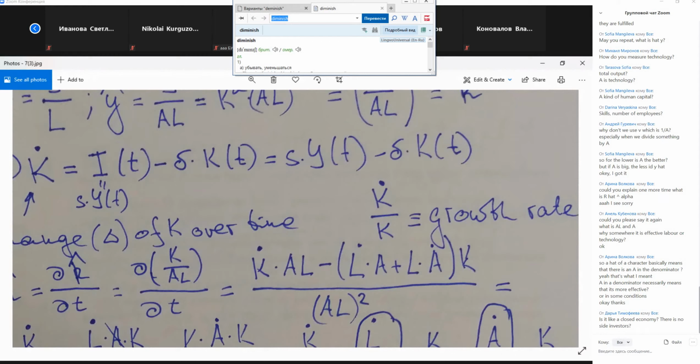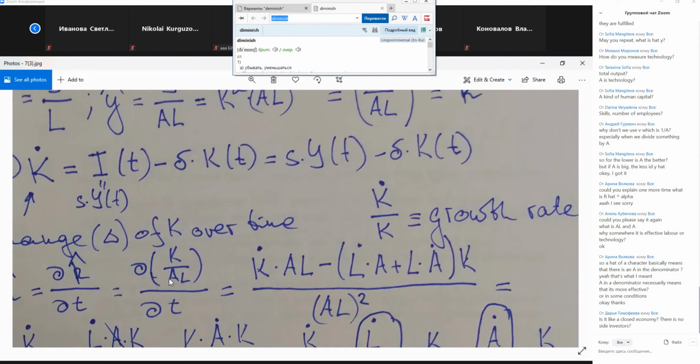However, this is more for the macro course. Here we will focus on the closed economy because it helps us analyze the effects that we are interested in in the development course.